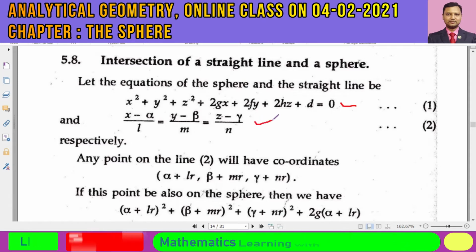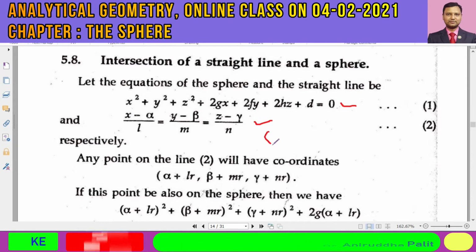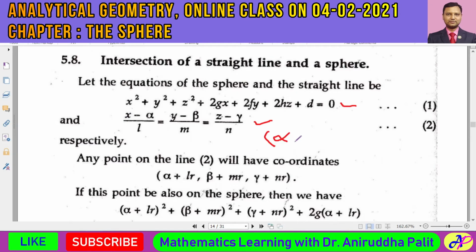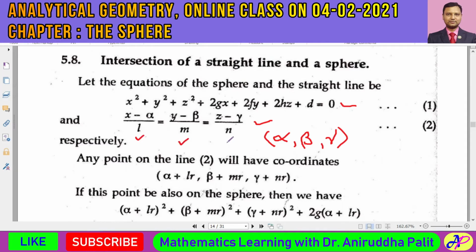What is this? This is the equation of a straight line passing through the point having coordinates alpha, comma, beta, comma, gamma. Okay, and these quantities L, M, and N are the direction ratios of the straight line number 2.